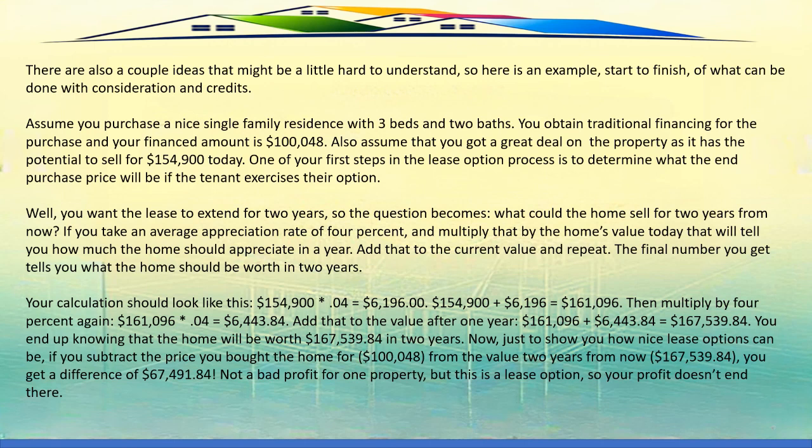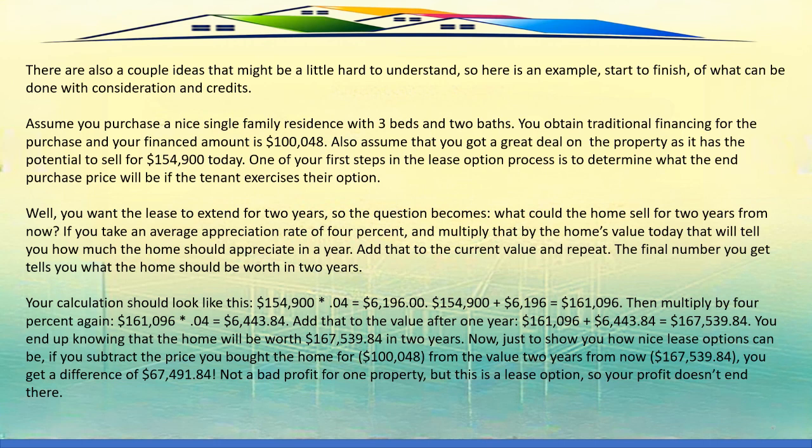$161,096 plus $6,443.84 equals $167,539.84. You end up knowing that the home will be worth $167,539.84 in 2 years.